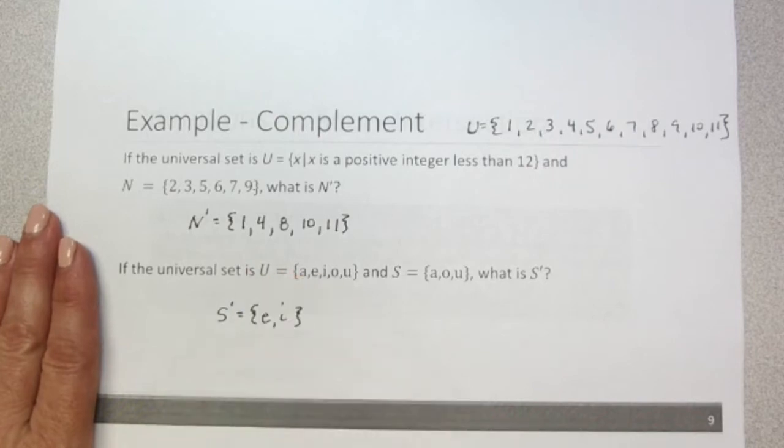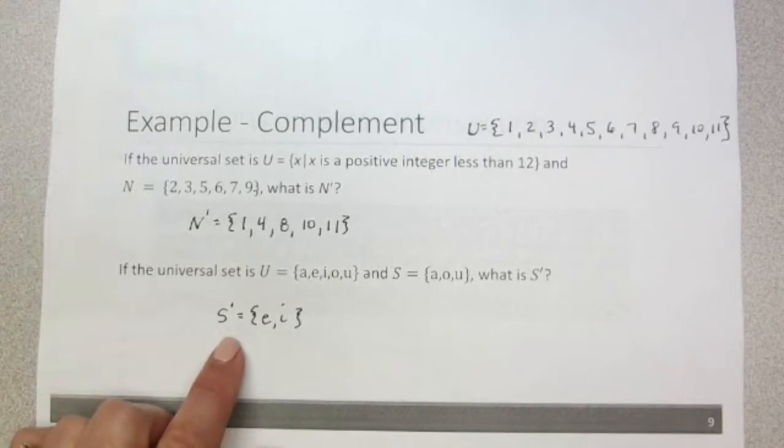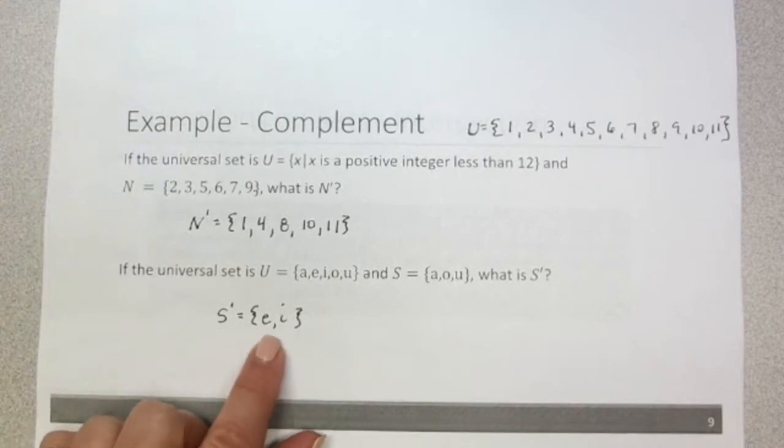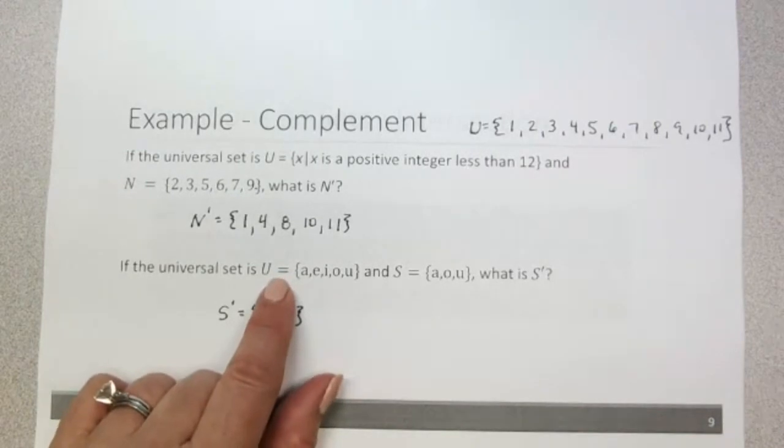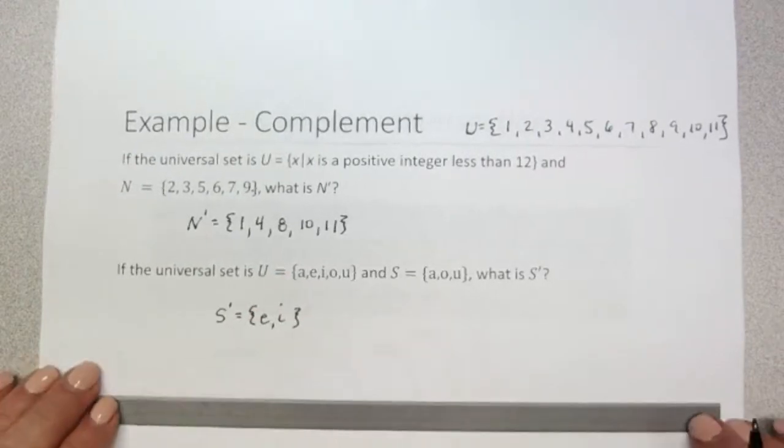Did you get E and I? E and I are the complement of S because they're in this universal set, but they're not in the set S.